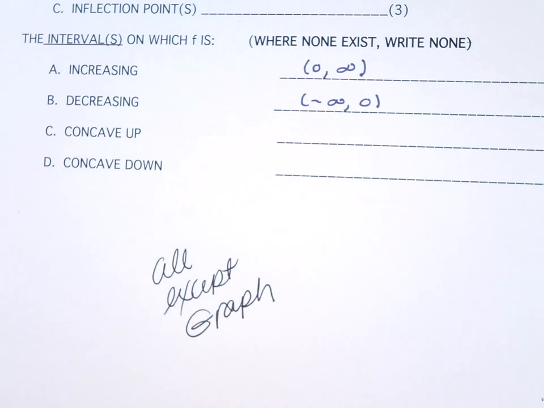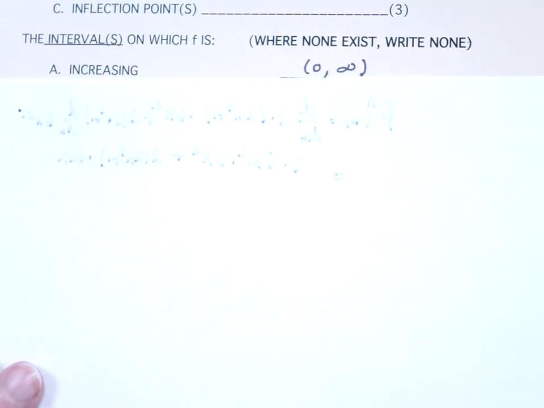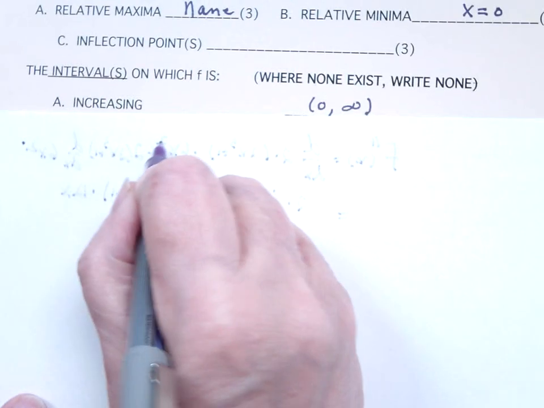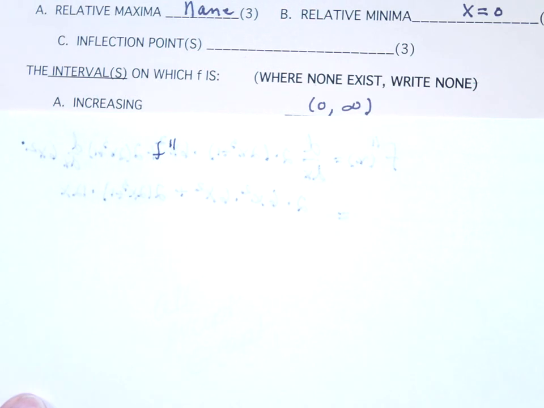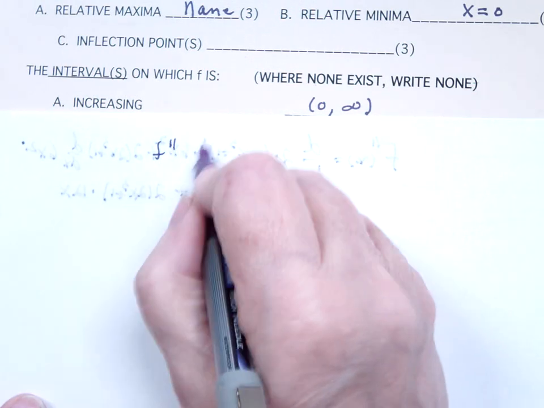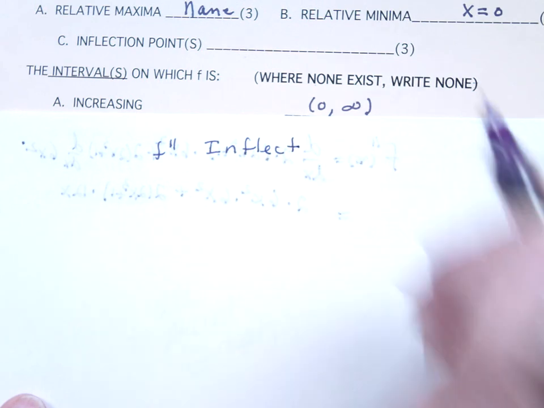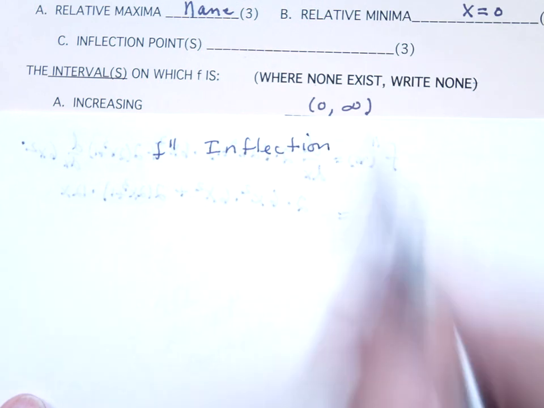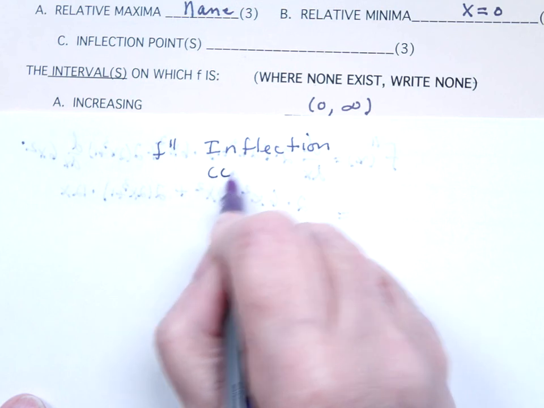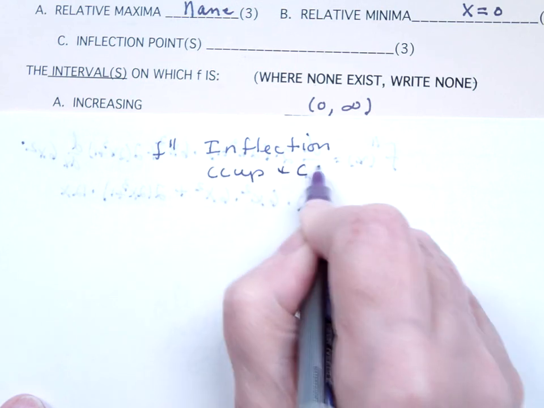So now I move to the second derivative, because f double prime is going to give me inflection points, and concave up and concave down.